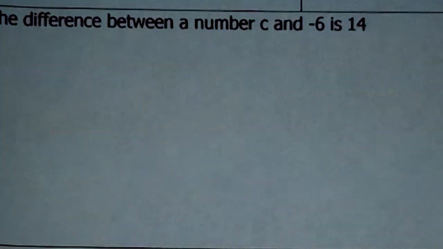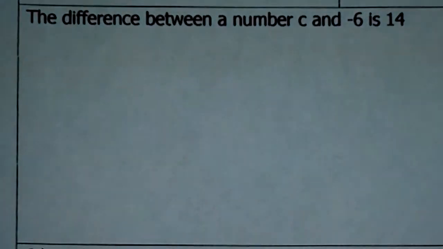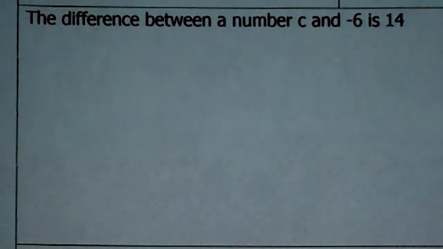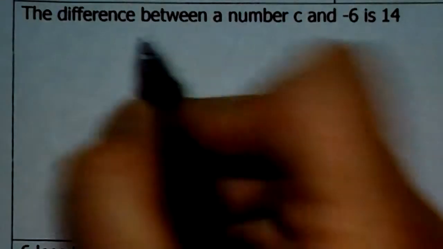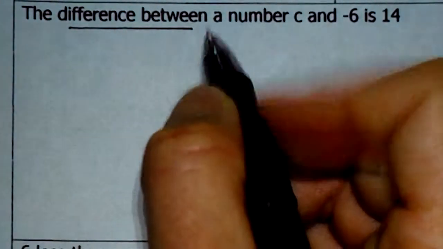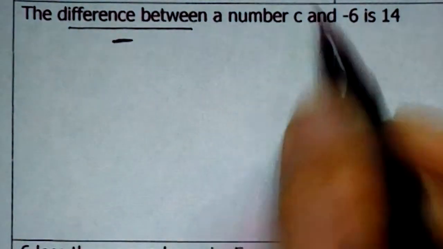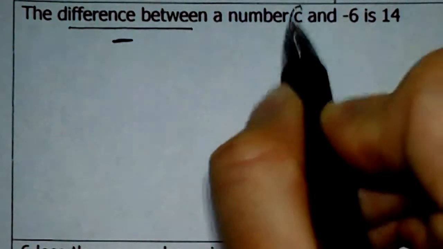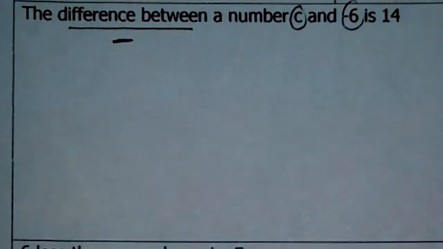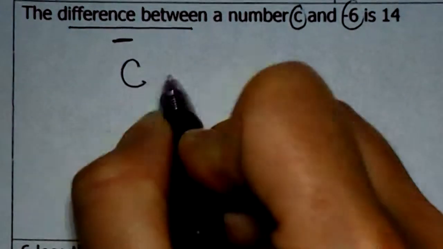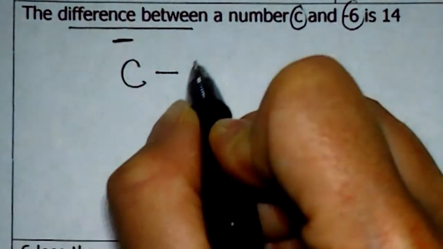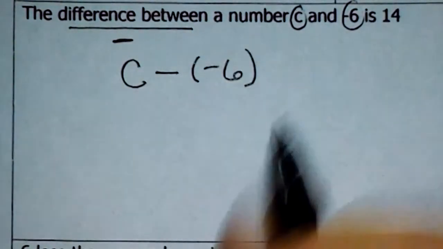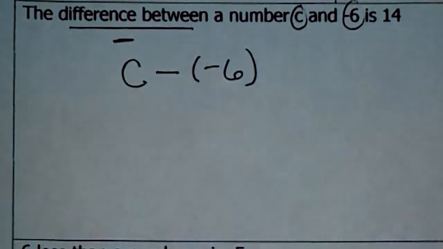All right, next, it says the difference between a number c and negative 6 is 14. So here I see difference between. That word difference means subtract. I want the difference between c and negative 6. So to show the difference between, I'm going to take c minus, and I am going to use parentheses so that I don't get these negative signs confused.